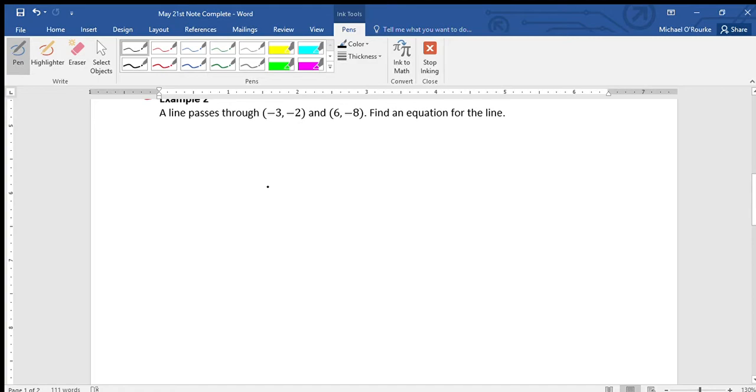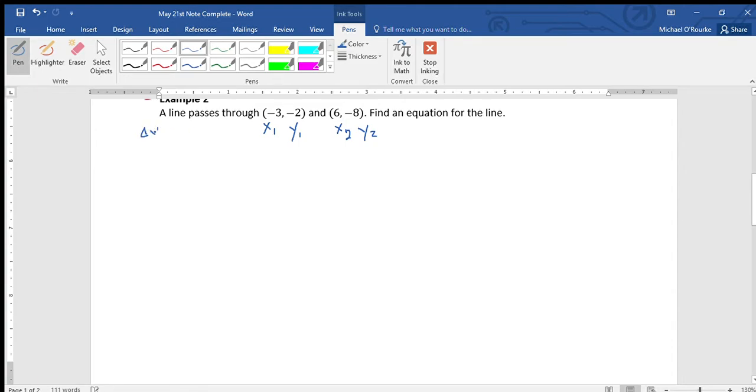Let's try this one here. I want to write the equation for the line here. So first step, find slope. Let's label our points.